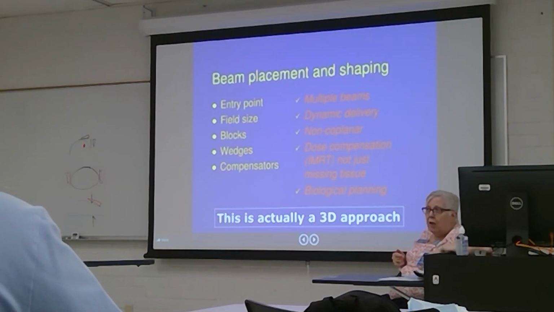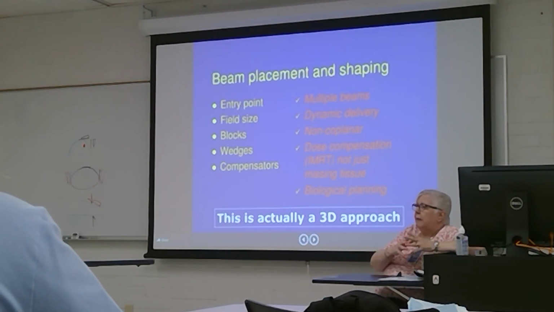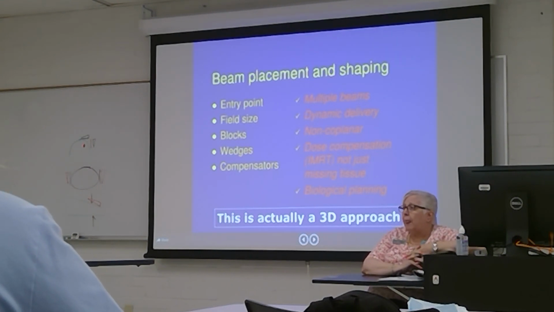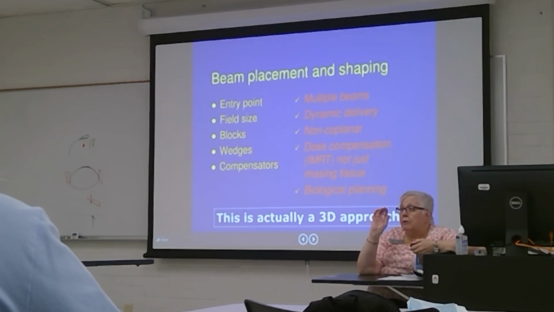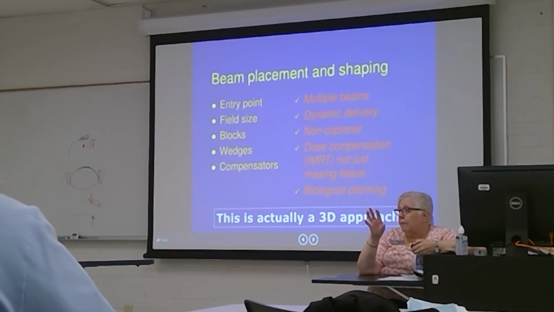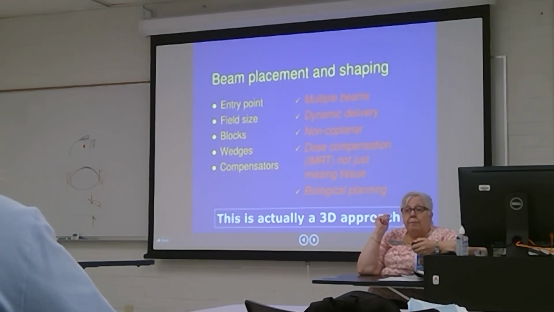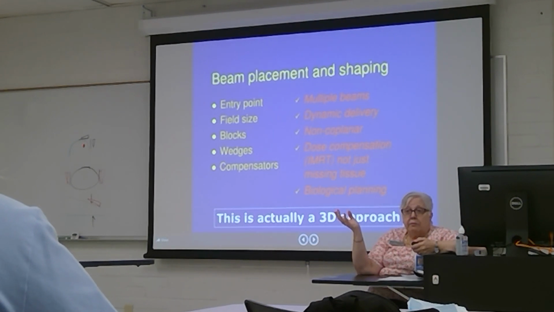Biological planning. What the heck does that mean? Anybody get any ideas what that means? Radiobiology of various tissues. We all know that the spine has a cutoff of 4,500.